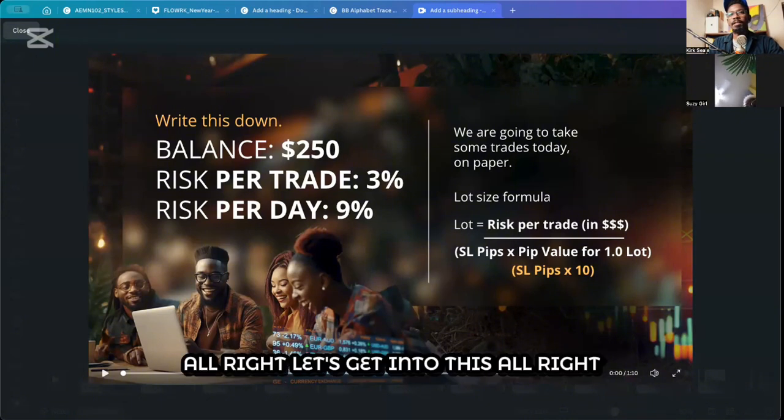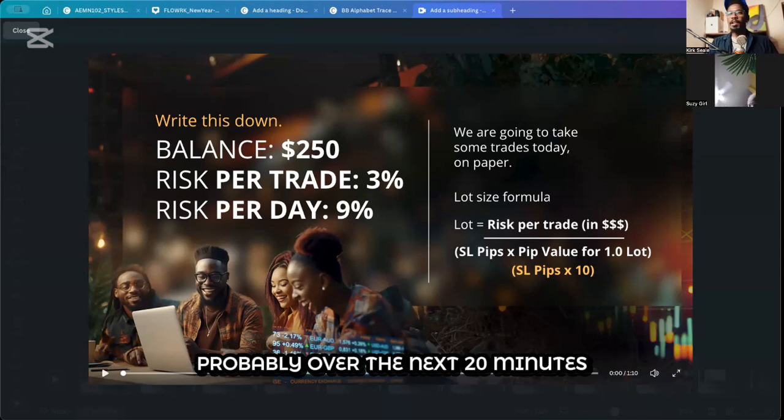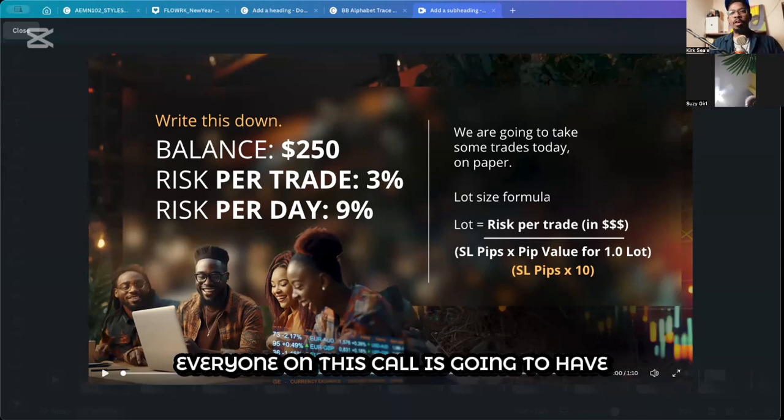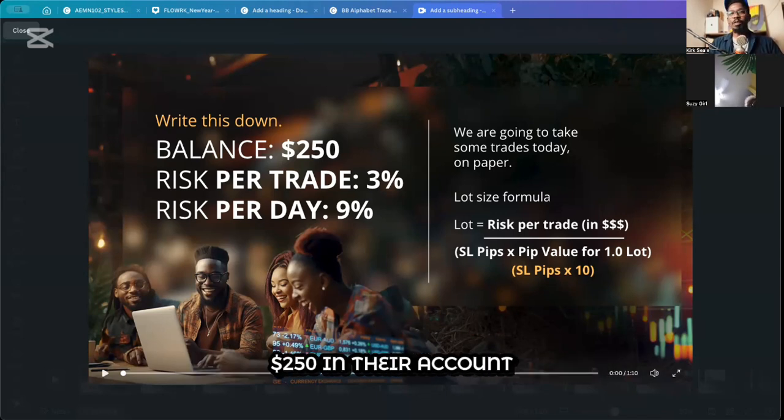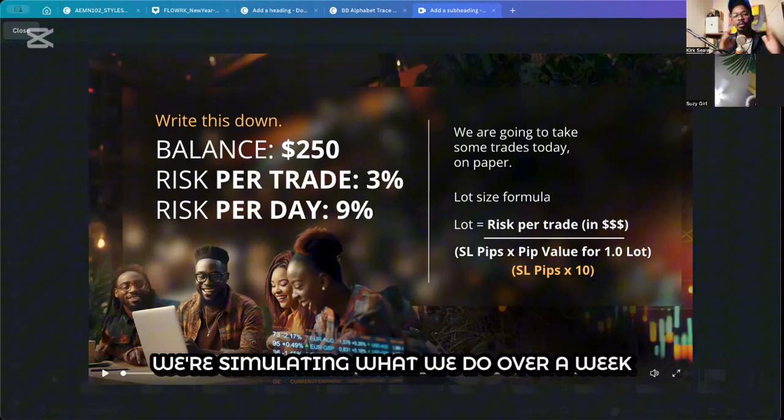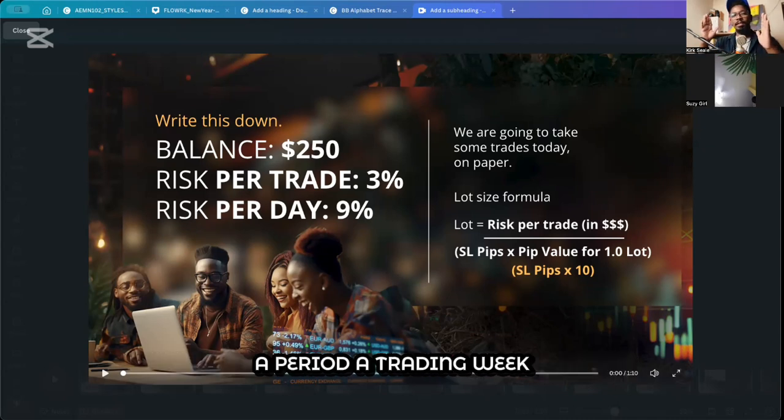All right, let's get into this. All right, I'll repeat. So for the sake of what we're doing, probably over the next 20 minutes, everyone on this call is going to have $250 in their account. We're simulating what we do over a week, a trading week, 5 days. I will be sending you guys 10 trades.